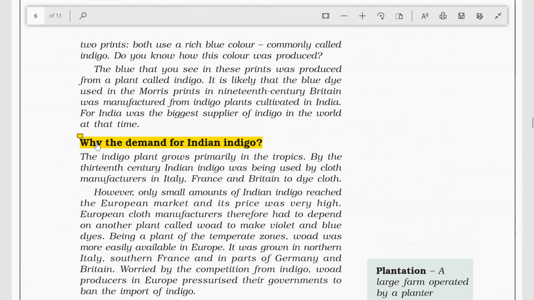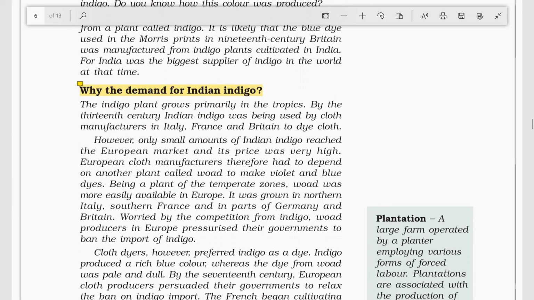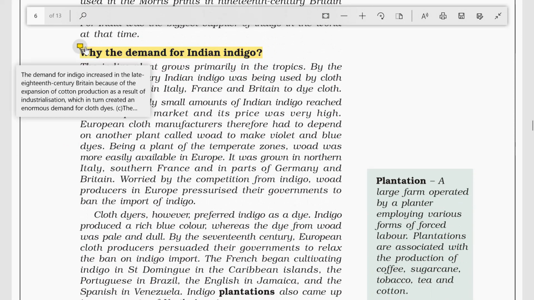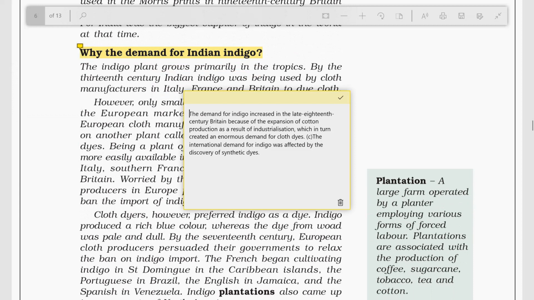Now, why was indigo in demand in the international market? We know that in the late 18th and in the 19th century Britain started the expansion of cotton production. The industrial sector was developing, and they started supplying raw material from India, like jute and cotton.